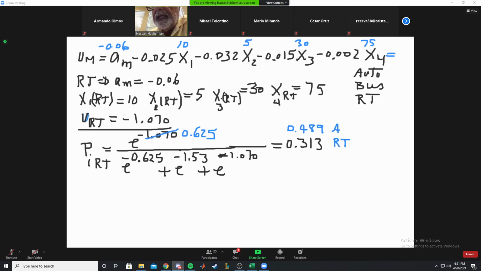Let's say I will get the bus, and then for the bus, I replace that number by the utility of a bus, which is minus 1.53. So if I do that, the share of the bus will be 0.198.